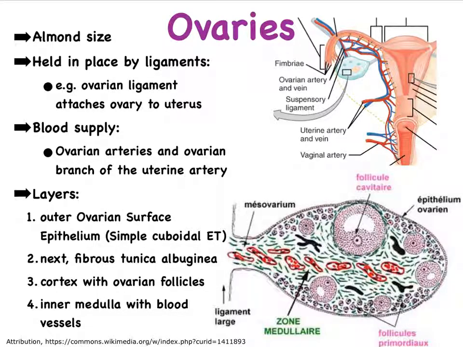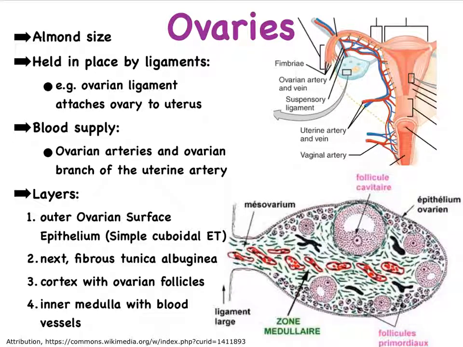First of all, what we find is that the very outer layer, the most superficial layer of an ovary, as you can see, is simple cuboidal epithelial tissue. You probably studied this as an example for simple cuboidal epithelial tissue back in A&P 1. If we go a little deeper to that, we get to a rather fibrous-like layer called the tunica albuginea.